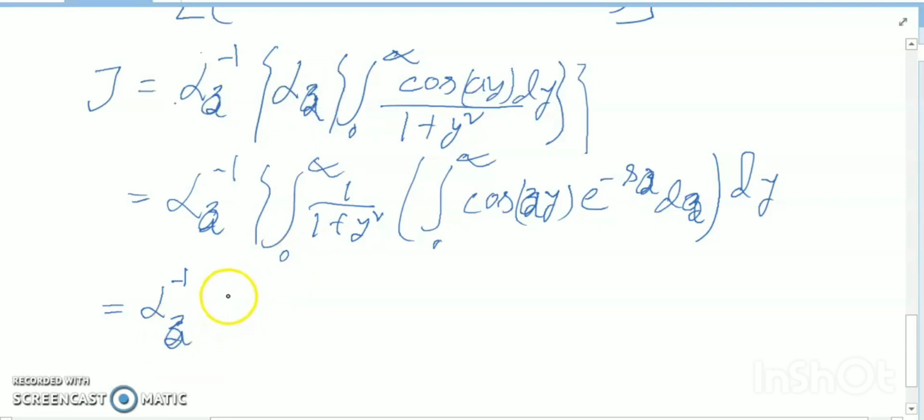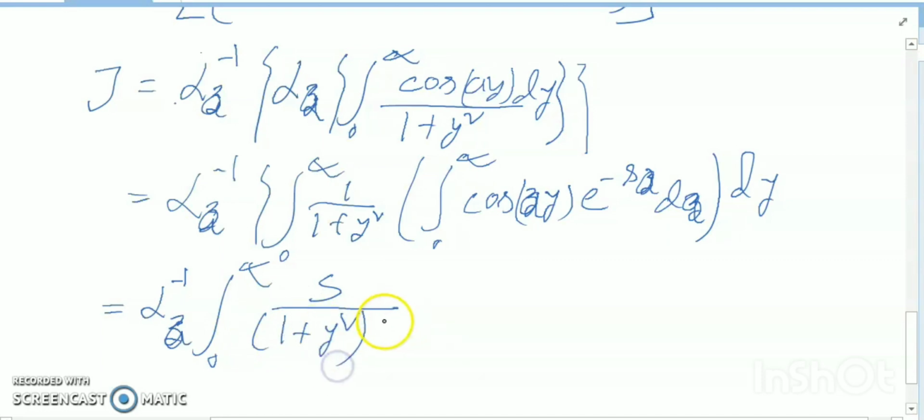So what I get is the integral from 0 to infinity of 1 divided by 1 plus y square, into s divided by s square plus y square, dy.